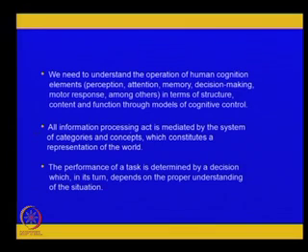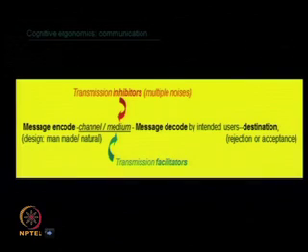All information processing acts are mediated by the system of categories and concepts which constitutes a representation of the world. The performance of a task is determined by a decision which in its turn depends on the proper understanding of the situation.